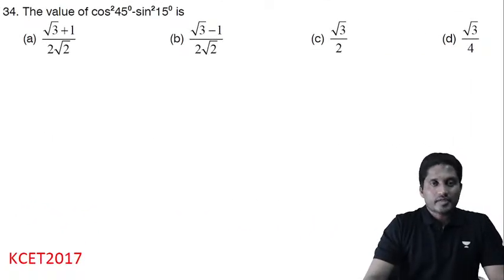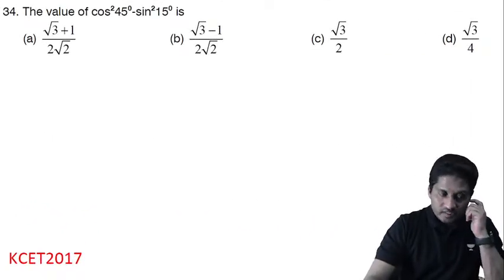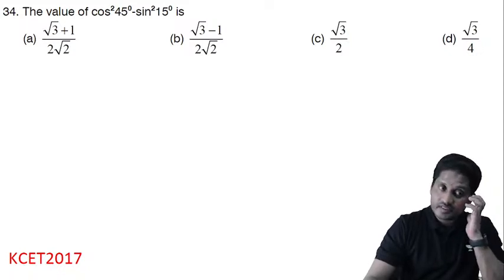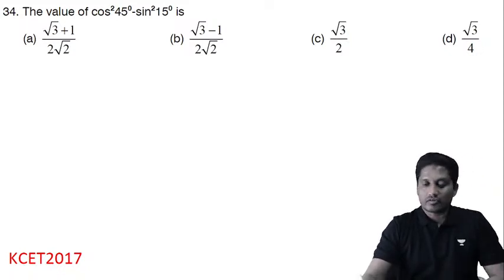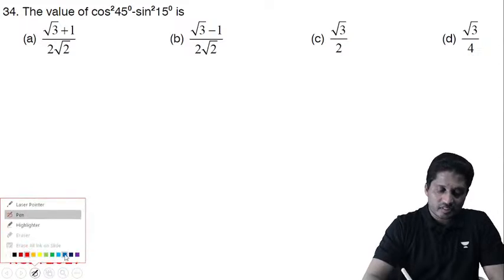The value of cos square 45 minus sin square 15. See, you can simplify and find the value. Rather than doing that, we know these results, right?